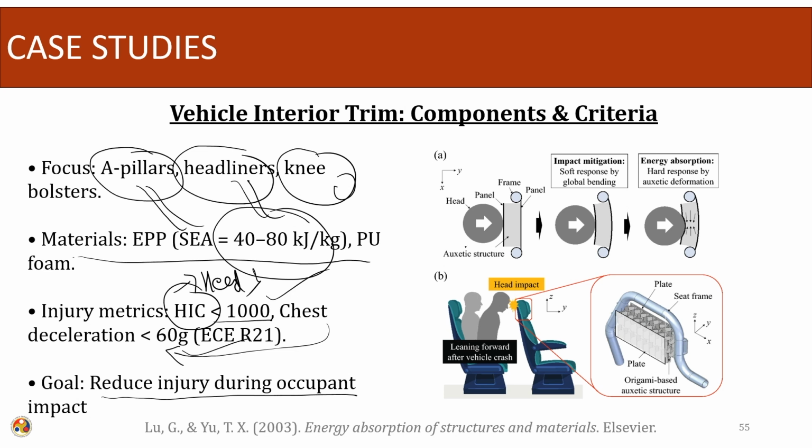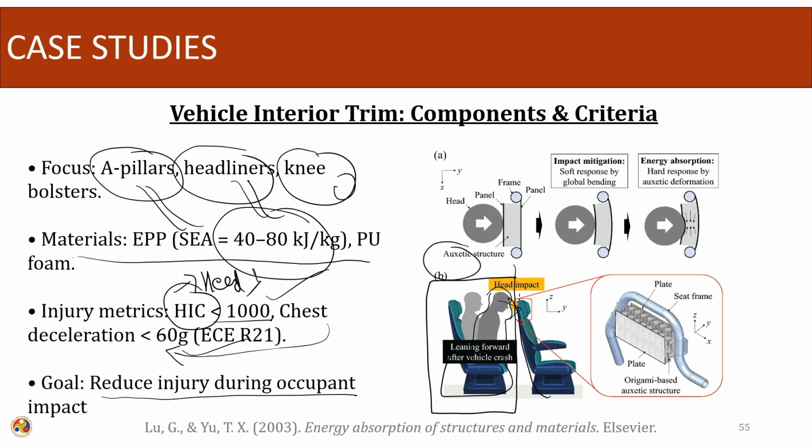There is something called an auxetic structure, and we will talk about that. This is a chair in which normally a person will sit, but during the crash demonstration a dummy is used. During an impact, the head is going to hit this part.